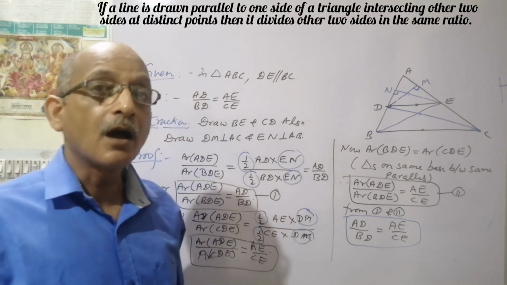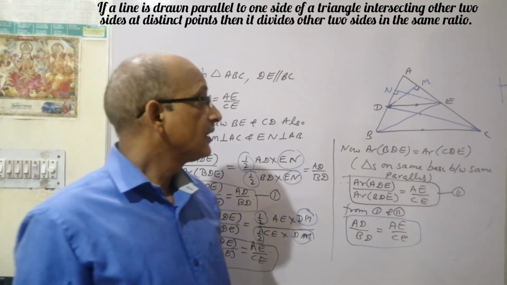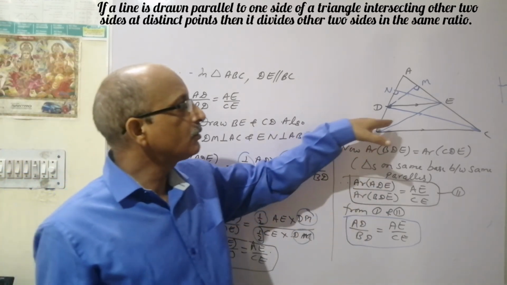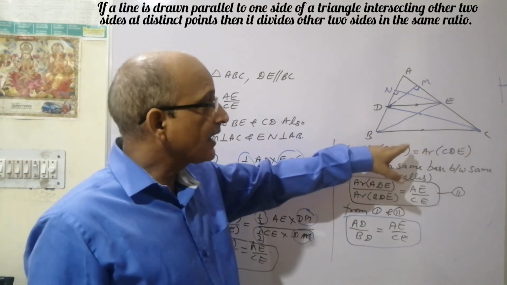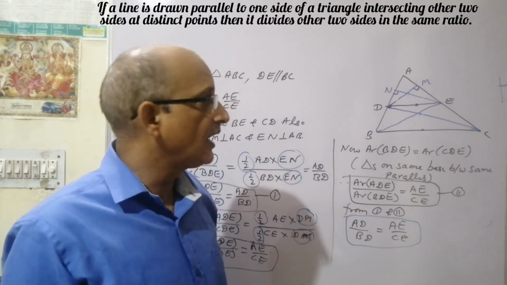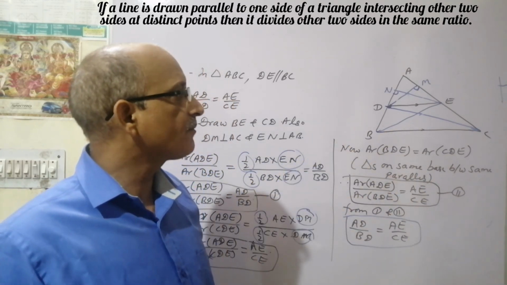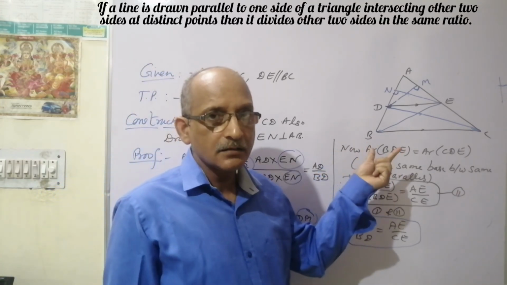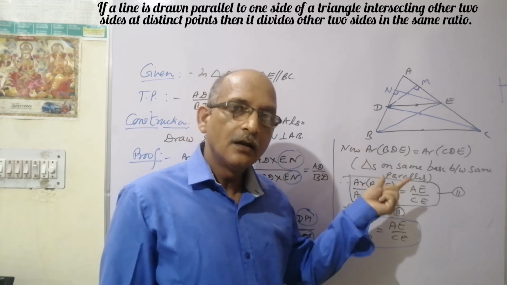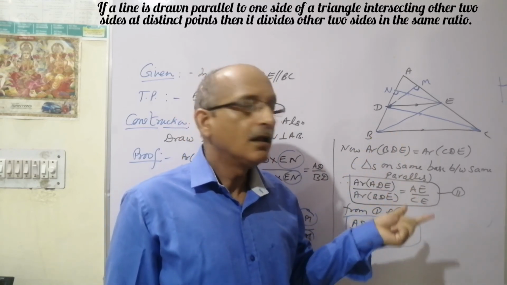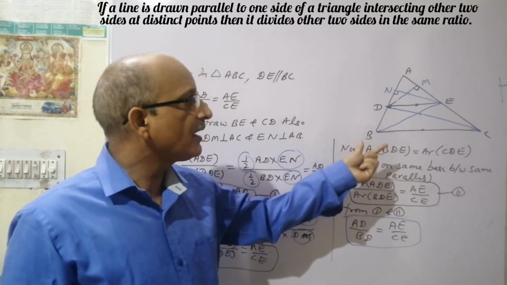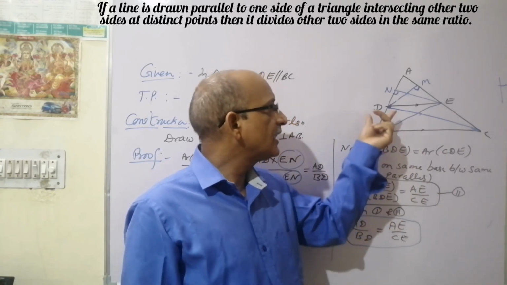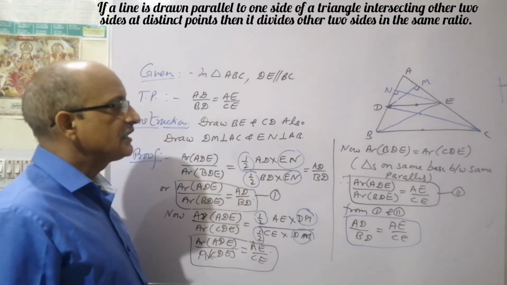Now further, the problem is that here it is BDE and here it is CDE. Now we'll search for some logic again. Triangles on the same base between the same parallels are equal in area. If we consider DE as the base of triangles BDE and CDE, both having the same base DE and lying between BC parallel to DE, the area of BDE will be equal to the area of CDE.